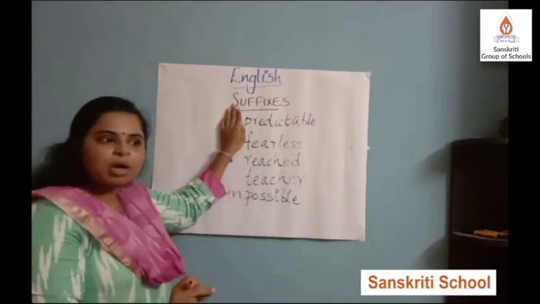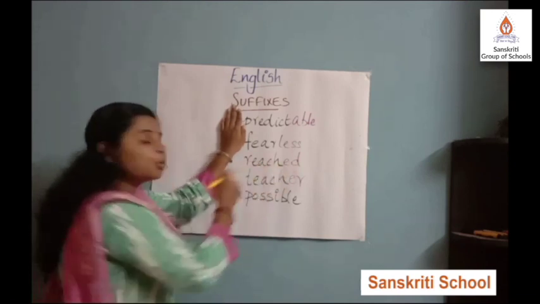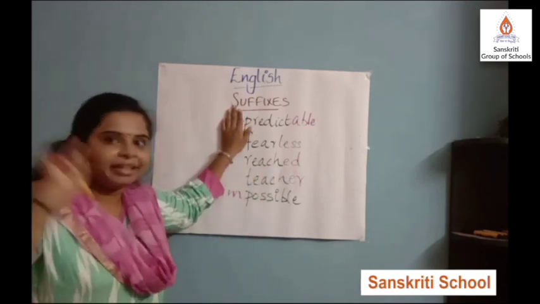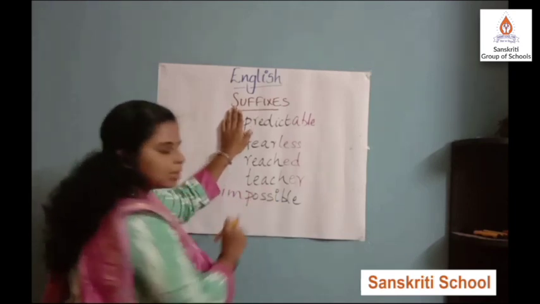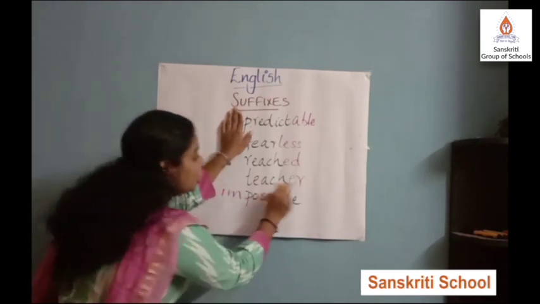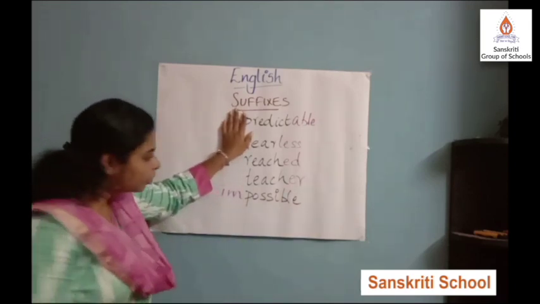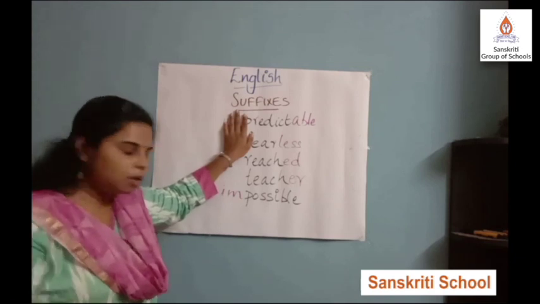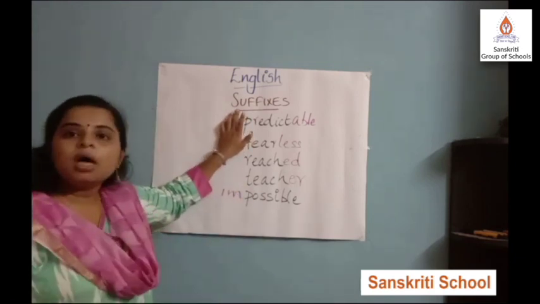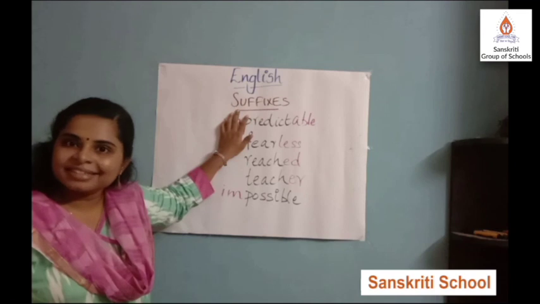Reach, which means you have to get to somewhere. Reached, which indicates you have got there, you have reached that place, something in the past. Teach is to tell you something, whereas teacher is a person who teaches. Possible, which means that it is possible to do, you can do it. Whereas impossible means it is not possible to do it.